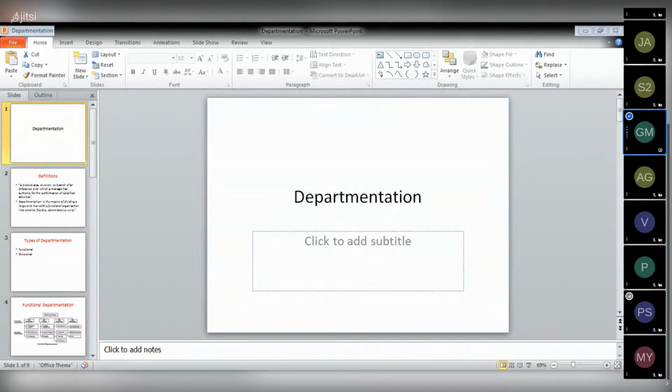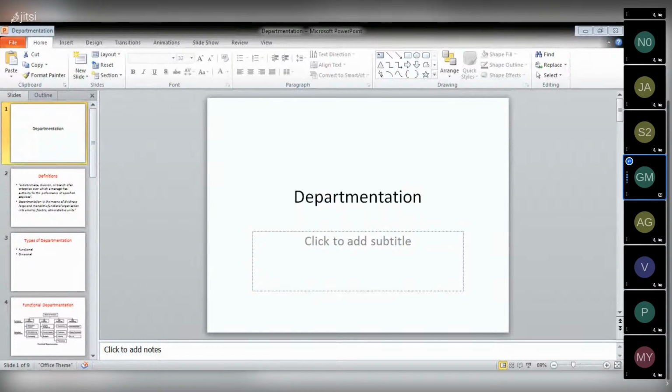Departmentation is nothing but dividing the work into smaller units, and again regrouping all these smaller units into bigger units on the basis of similarity or features. Simple thing: as the organization grows in size, the work is divided into units and subunits. Right?